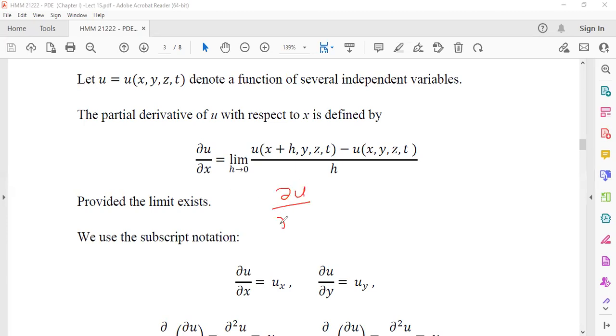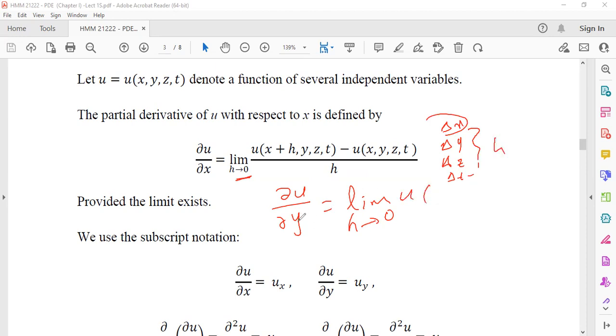Okay, let's start with daba u over daba y. It's very simple, no? It's like a school level thing. The limit always exists. We can set the same h for delta x, delta y, delta z. If you prefer delta x, you can write that, but we are taking everything as h, so no problem. So only y is changing, x will be the same. One thing is you have to keep the arguments in order. Don't change the order.